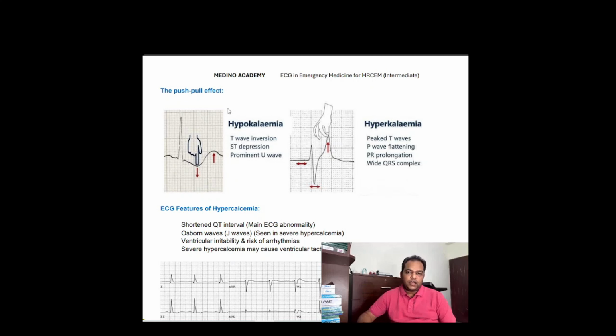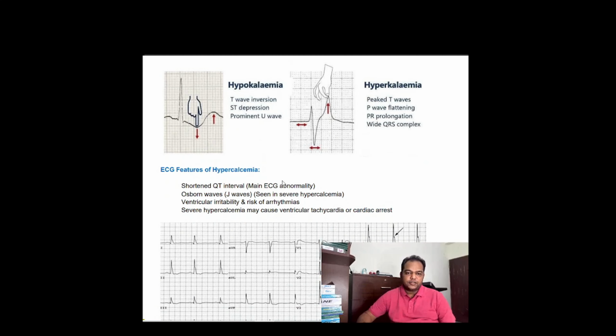So in case of hypokalemia, we can find T wave inversion, ST depression, and prominent U wave. But in case of hyperkalemia, we can find tall peaked T waves, flattening of the P wave, PR prolongation, and wide QRS complex, more than 3 small squares.